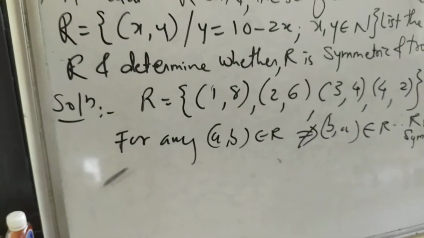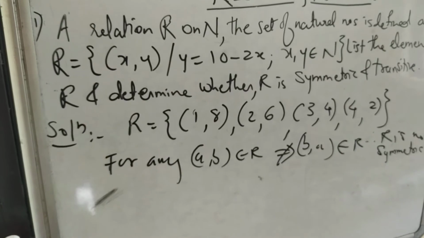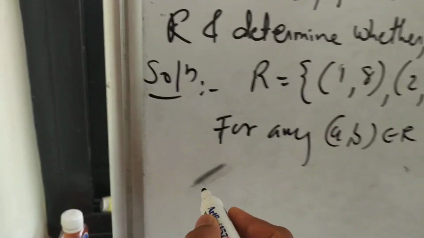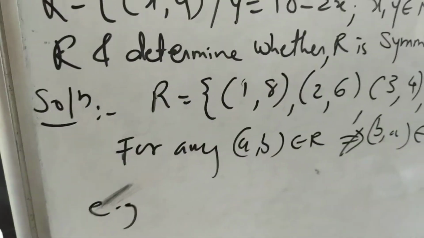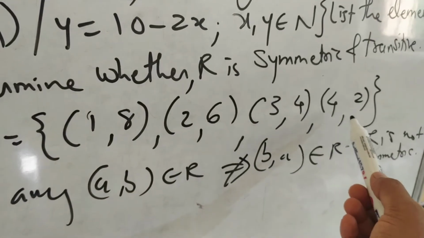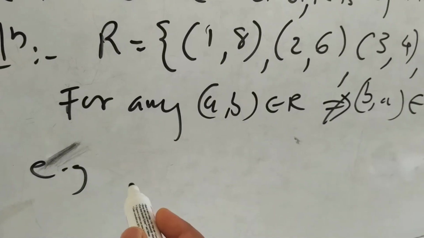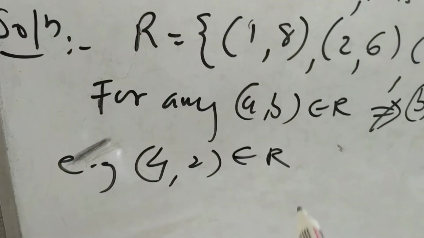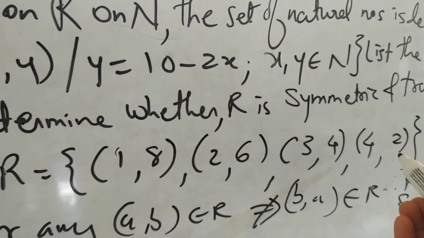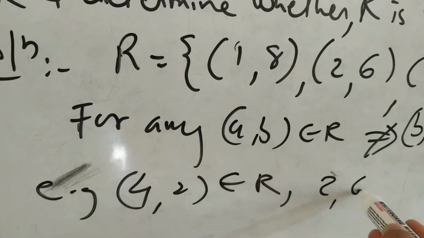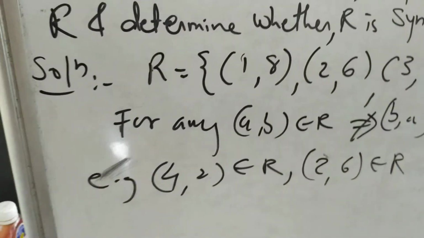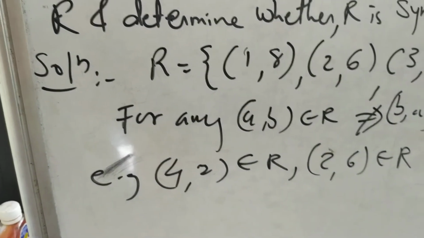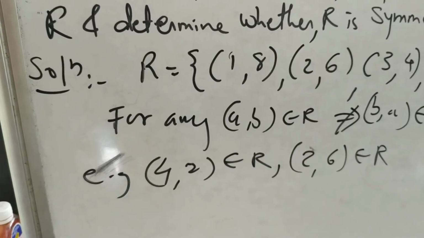Now let us check whether R is transitive or not. I'll take an example here. If I consider the ordered pair (4, 2), I know that (4, 2) belongs to R, as well as (2, 6) belongs to R. You all agree? But what is the condition of transitivity?